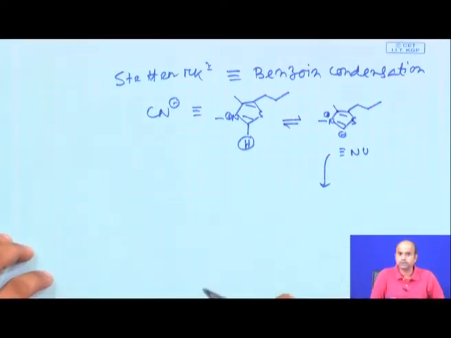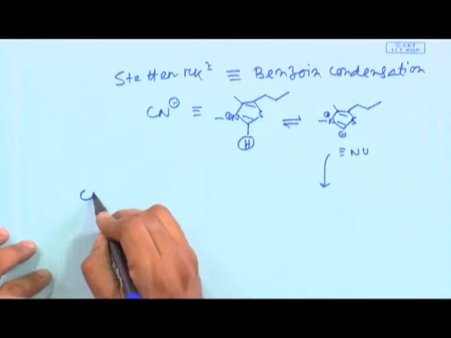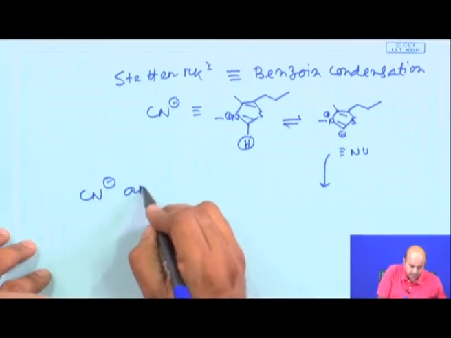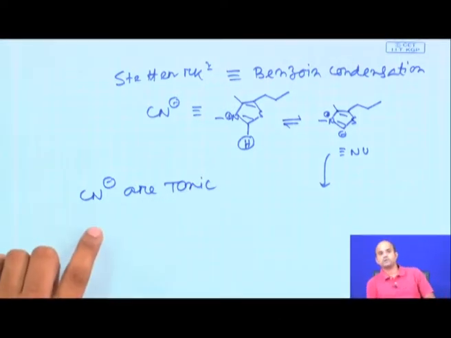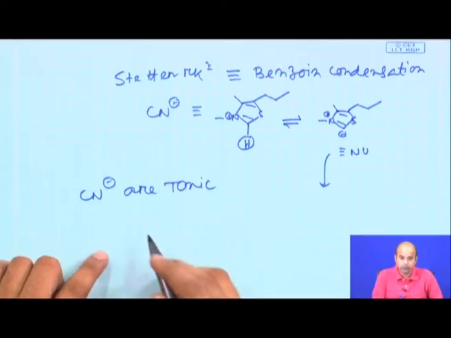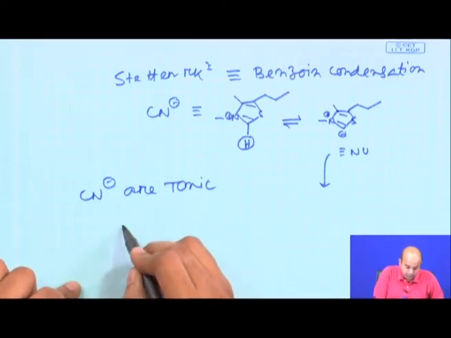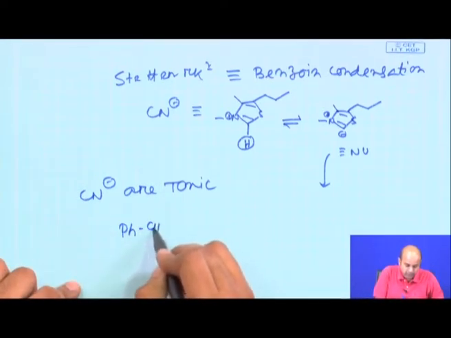So, sometimes your instructor in the lab will tell you, can you synthesize benzoin without using cyanide, because all of us know that cyanides are toxic chemicals, and they have a potential health hazard effect. So, your answer will definitely be yes, we can do it if you use this thiazolium thing.